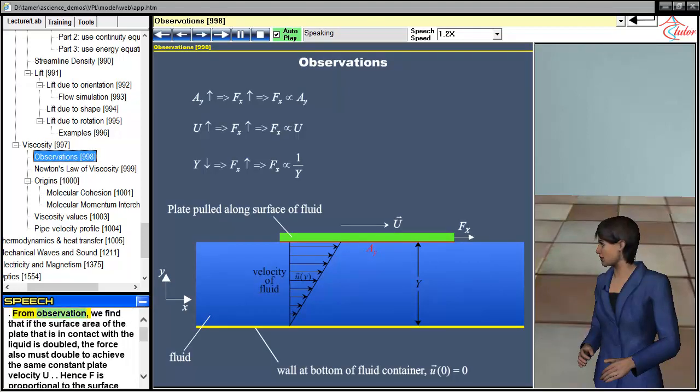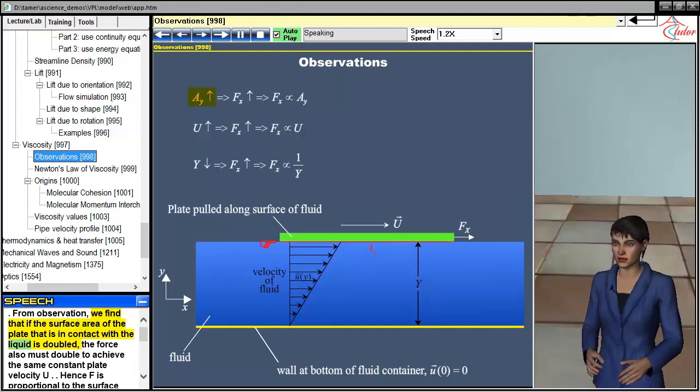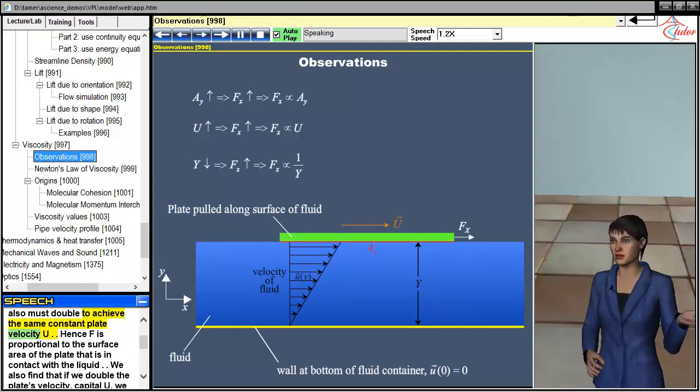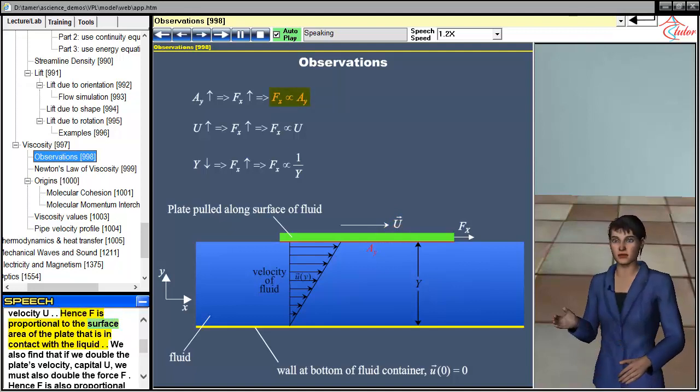From observation, we find that if the surface area of the plate that is in contact with the liquid is doubled, the force also must double, to achieve the same constant plate velocity U. Hence F is proportional to the surface area of the plate that is in contact with the liquid.